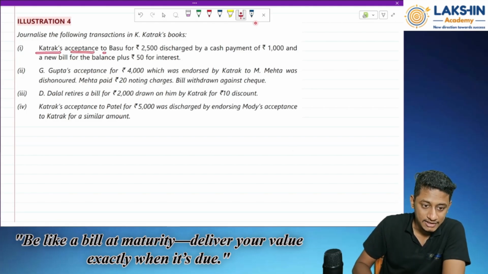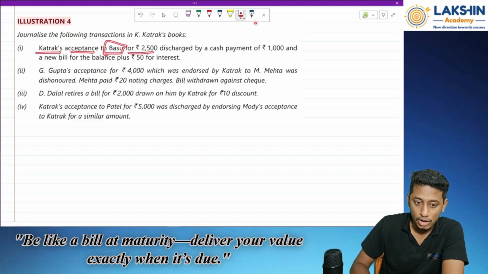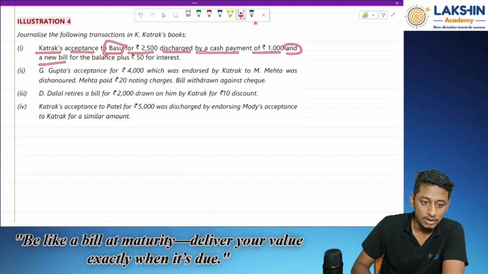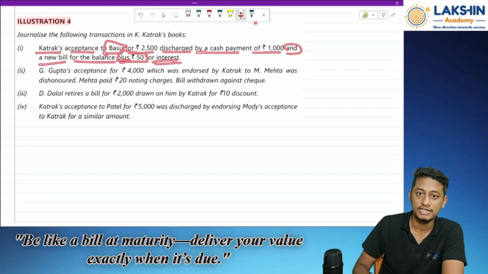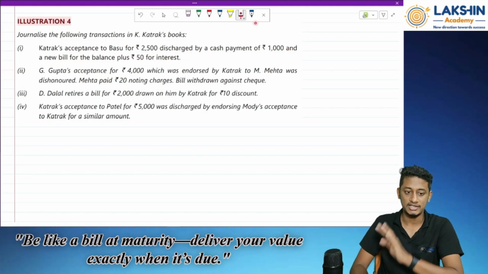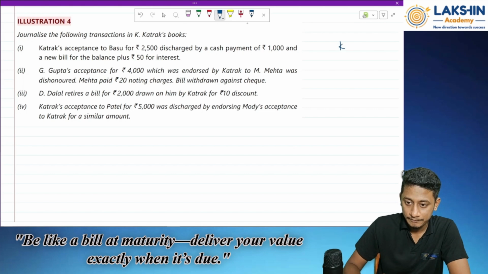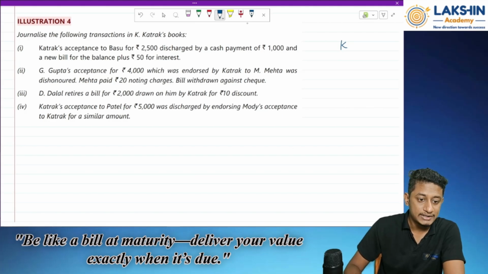K's acceptance to Basu for rupees 2,500 discharged by cash payment of rupees 1,000 and new bill for the balance plus 50 rupees interest was issued. First of all, let's understand what is happening over here. We have Mr. K over here. Now, Mr. K's acceptance.